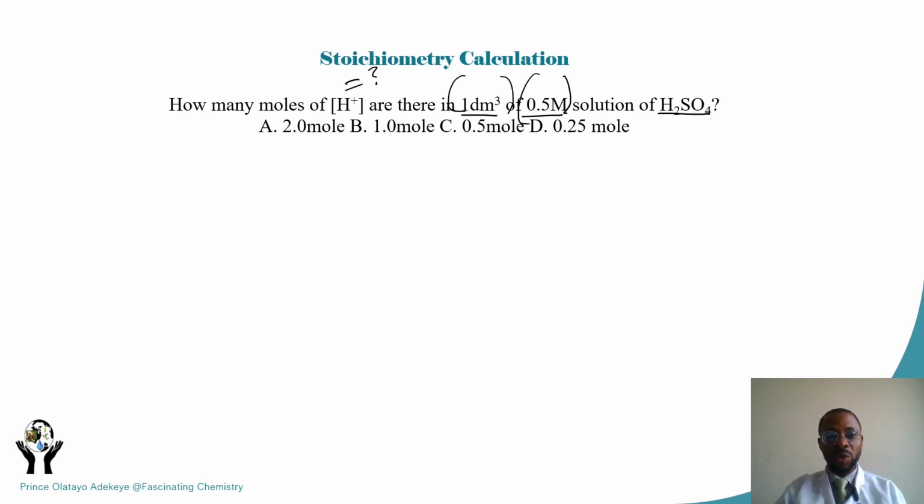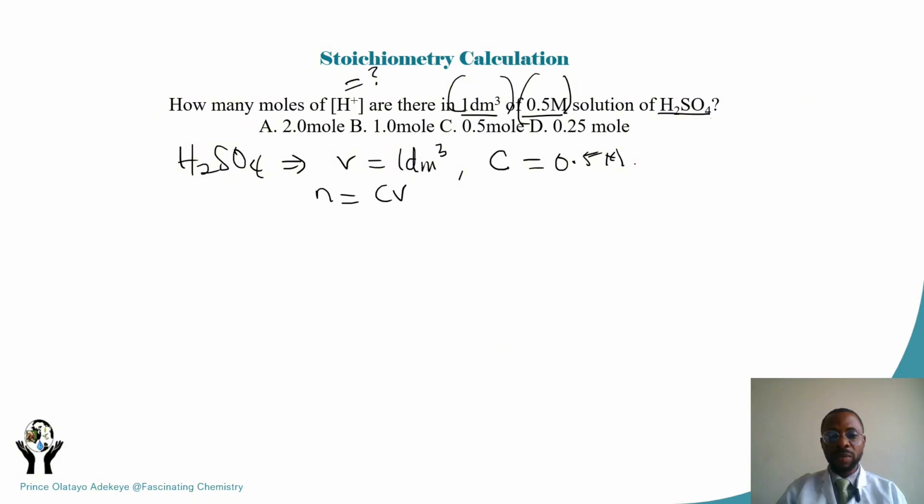So for the H2SO4, we're given the volume to be equal to 1 dm cube, and the concentration C to be equal to 0.5 molar. So from there we can say N equals CV, and that will give us 0.5 times 1, which is 0.5 moles of H2SO4.